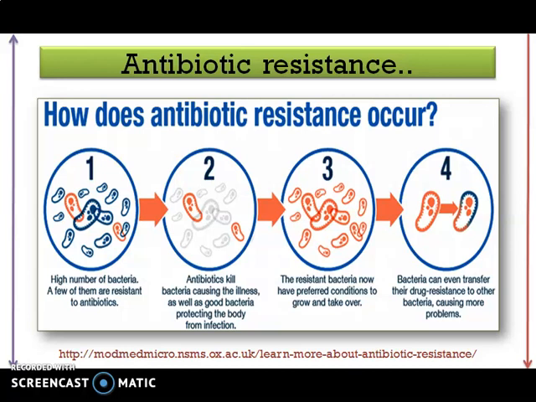Normally good bacteria, or those causing infection or illness, are killed or eradicated, and the resistance-carrying or smart bacteria survive, and they grow in their favorable condition and multiply, and when they come in contact with another bacteria, they transfer their genes or resistance factor to make it as smart as the previous one.